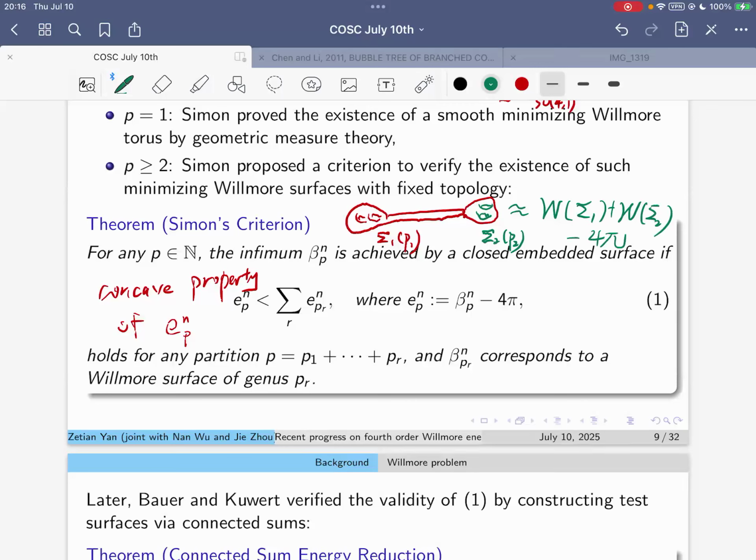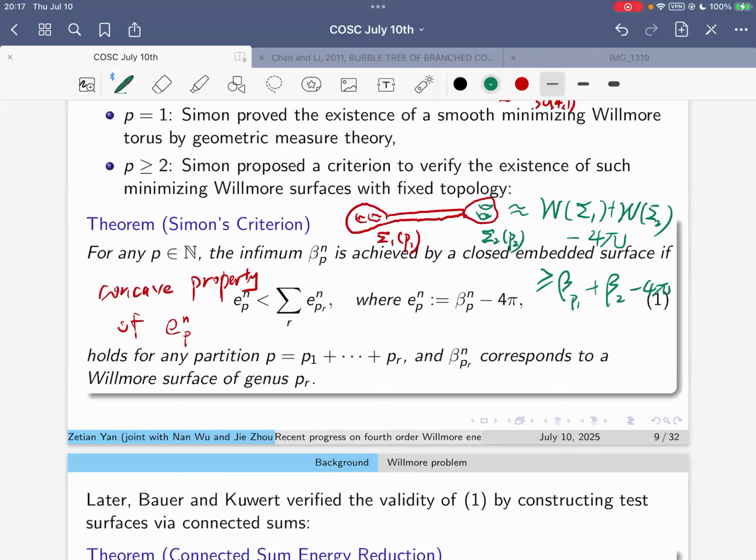The reason is the following: we need to cut a small disk, and when we cut a small disk, we lose energy 4 pi, and 4 pi is exactly the energy of a sphere. However, when we do the connect sum, we add another disk. So this has a trivial lower bound, exactly beta p1 plus beta p2 minus 4 pi.